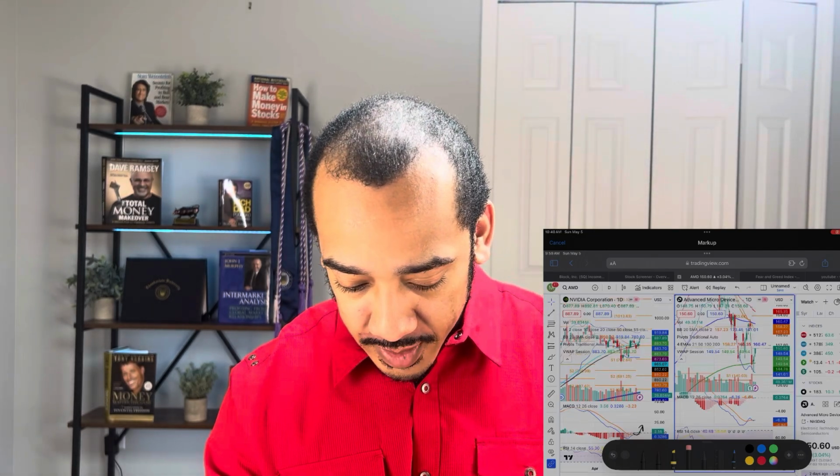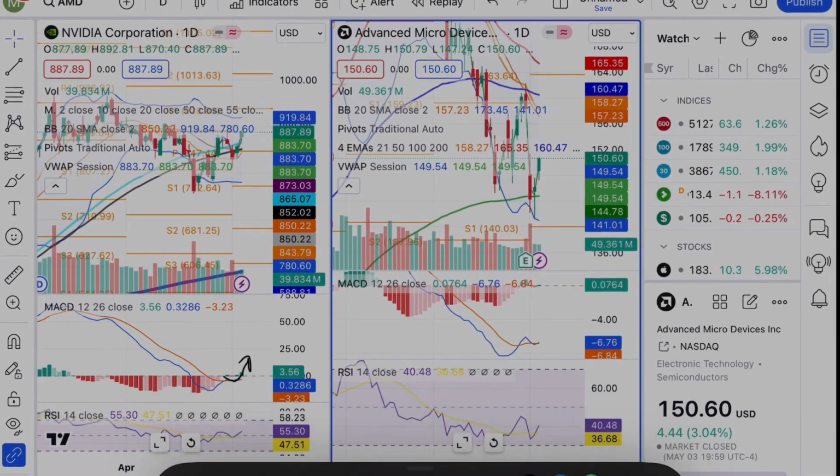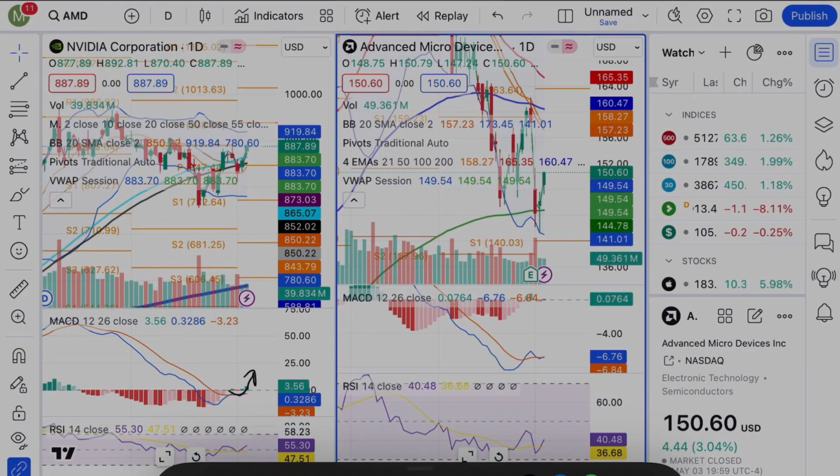If I'm wrong, get at me in the comments and let me know if the middle line in the RSI is not support or resistance, or if you feel the same way. Look back at the chart, tell me if I'm right or wrong, right? But that's how I feel. So if that is the case, it came down to the support and it's going back up. So I'm getting bullish vibes from NVIDIA.